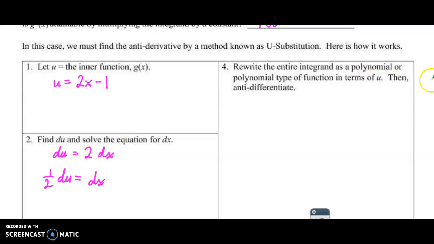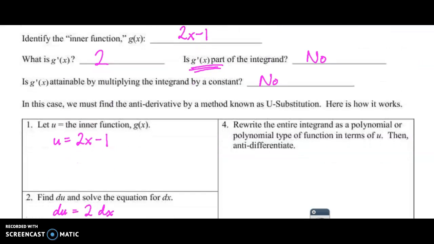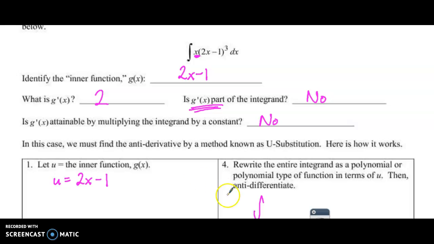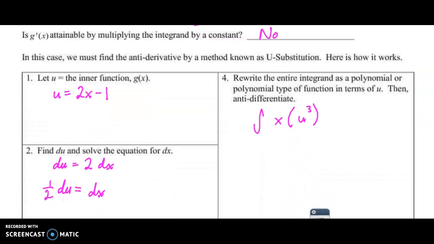Just like before, the next step is rewriting that entire integral as x times u to the third power, and then replacing dx with that 1/2 du.